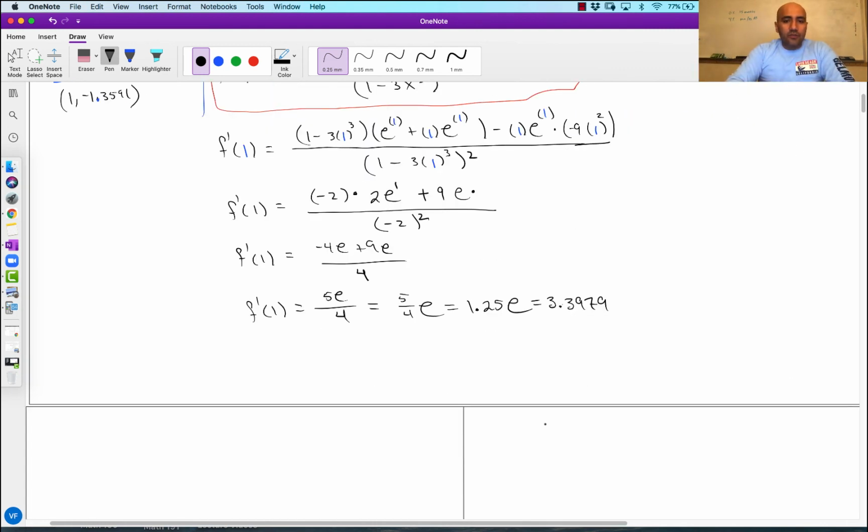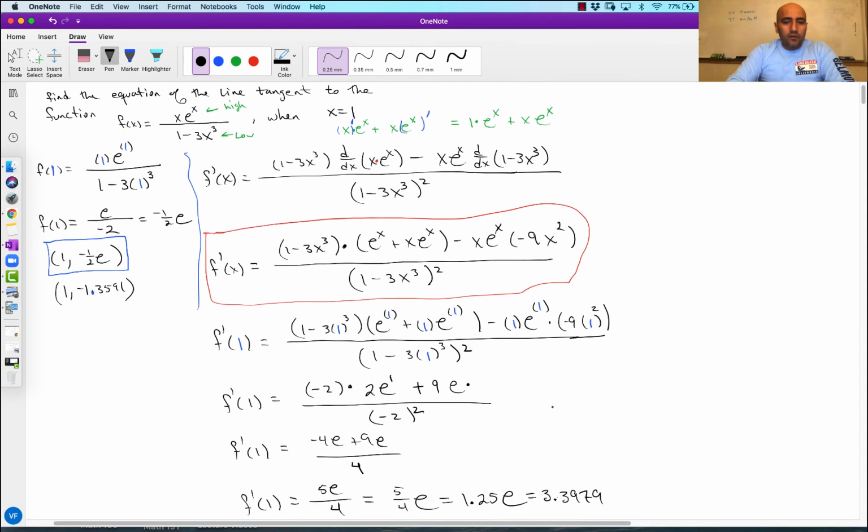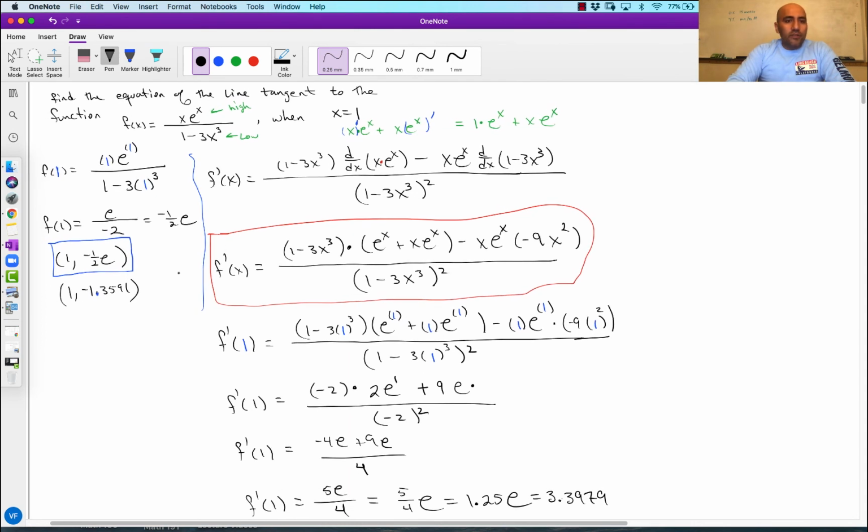Let's get back to the original question, though. The original question said, find the equation of the line that's tangent. And so far, we have found two things. We have found a point that's on the line, and we have found the slope of the line tangent at that point. So we bring those two things together to give us our final answer.